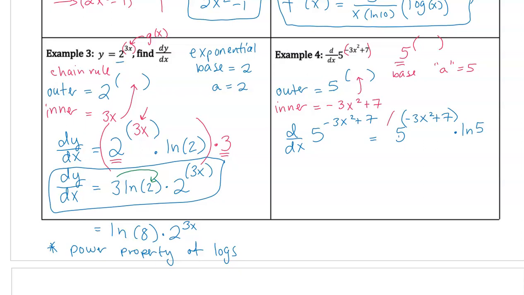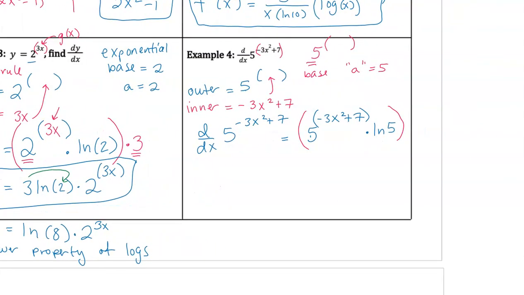But then I'd have to come around and multiply that by the derivative of the inside. So the derivative of the inside, I have to use the power rule and the sum rule and the constant rule. I would get negative 6x plus 0 technically, since the derivative of 7 is 0. So I'd have to multiply the outside of this by negative 6x.